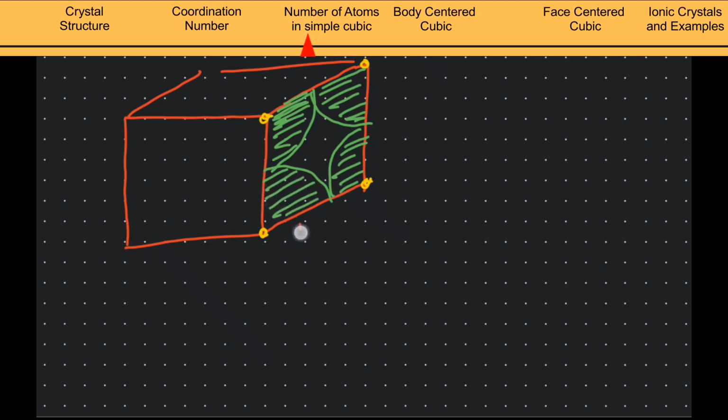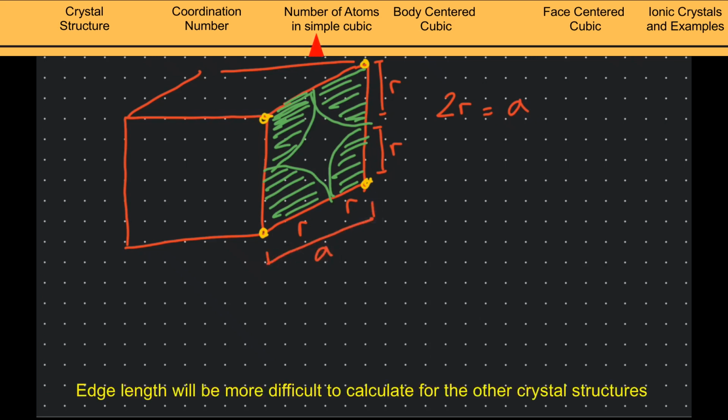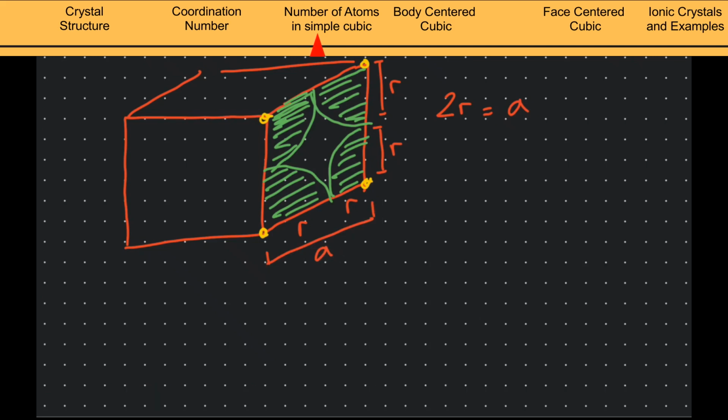So the radius of the atom is r. This is r, this length is also r, and this length is also r. And 2r equals the edge length, and this is a. The total volume of the cube is a cubed, or (2r) to the third power.